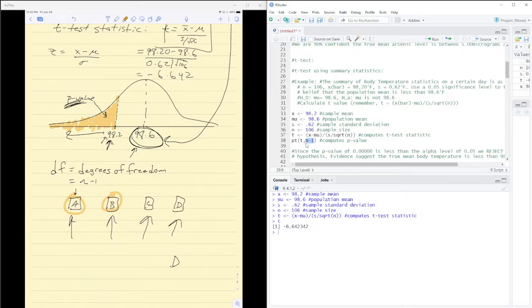Then I say, okay, are you person C? And they say no. I've used 3 guesses. But I don't need to make another guess, because if I know they're not A, B, or C, I know for a fact they are person D. So I only needed to make 3 guesses. Notice that was 1 less than the sample size. So your degrees of freedom in this little scenario is 3. It took me at most 3 guesses.